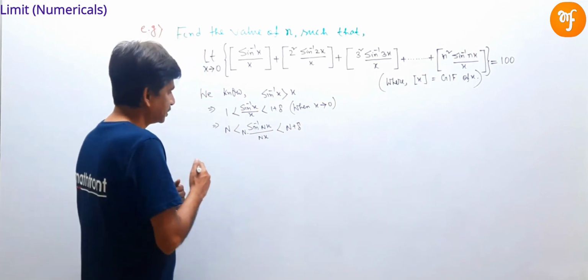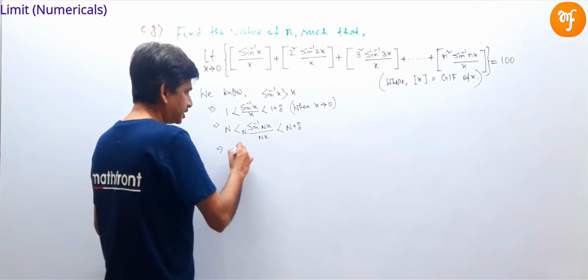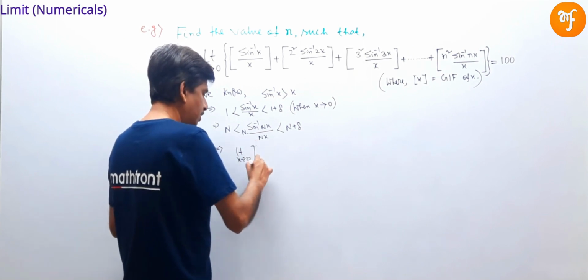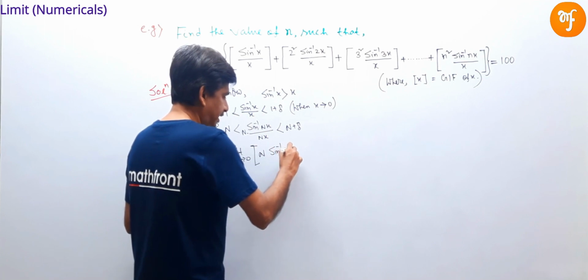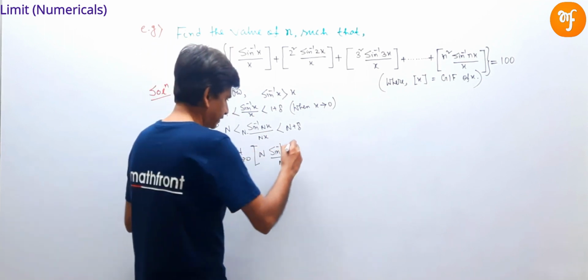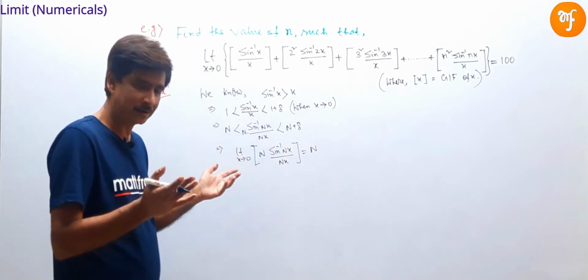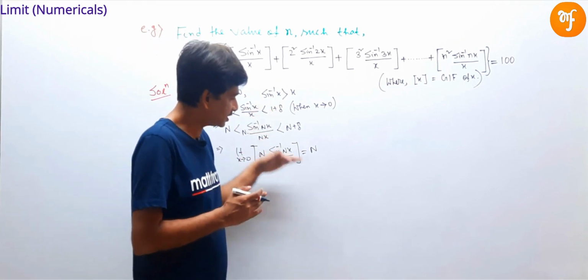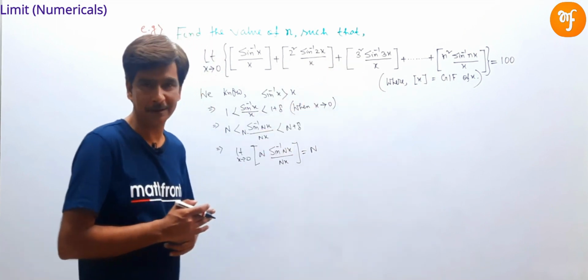Okay, so we can say limit x tends to 0, n into sine inverse nx divided by nx must be equal to n. Is it clear? Because n is a natural number. So on the basis of this result, we can easily solve this numerical.